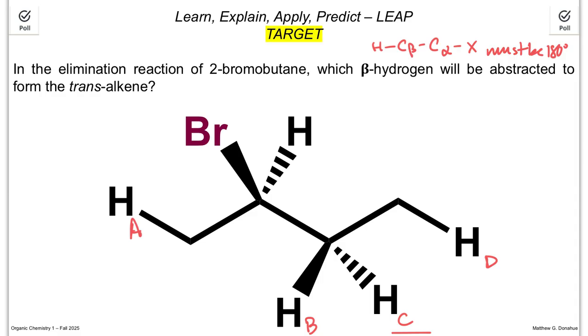So even though this carbon has two hydrogens, to get to the trans geometry, it has to be this one. And so you can see where we're going with this. To abstract this one for the mechanism, you have to do a rotation. So now that hydrogen and the leaving group are anti, as best I can hold it.